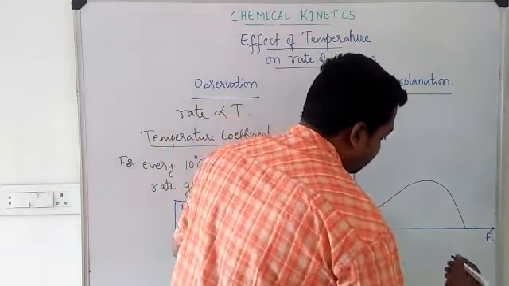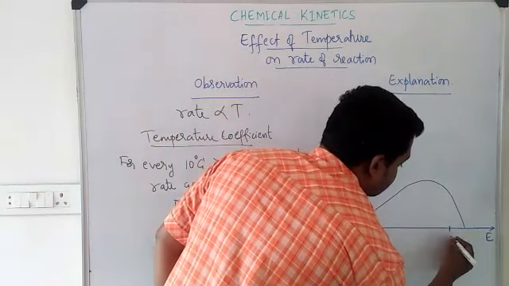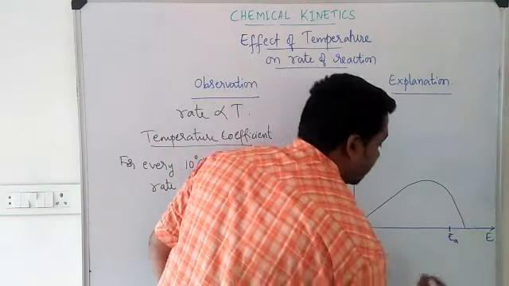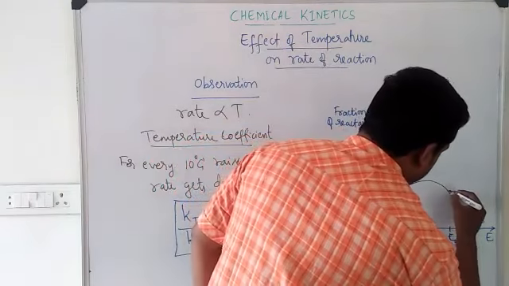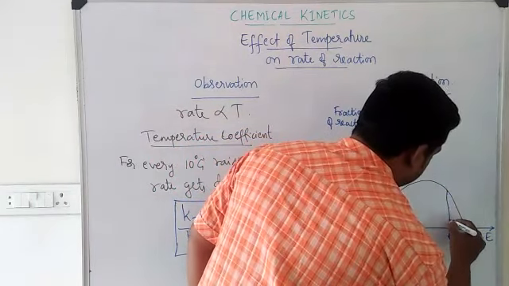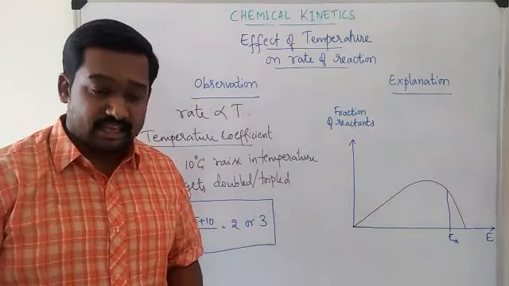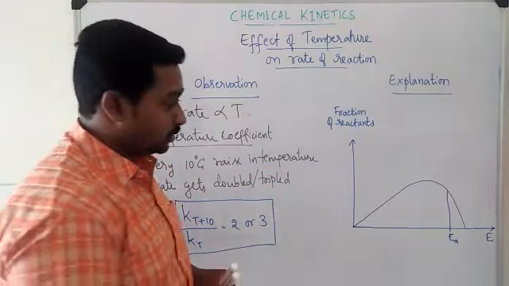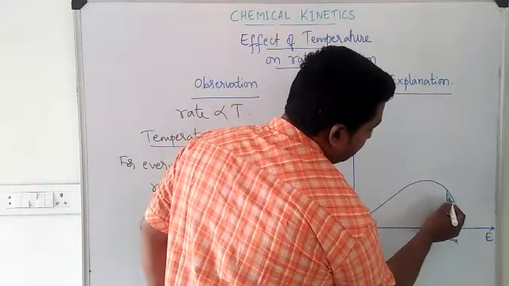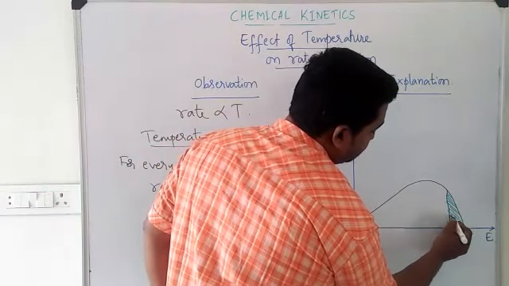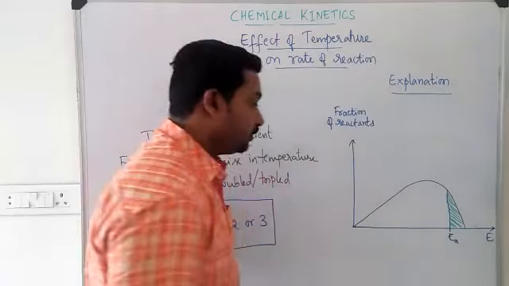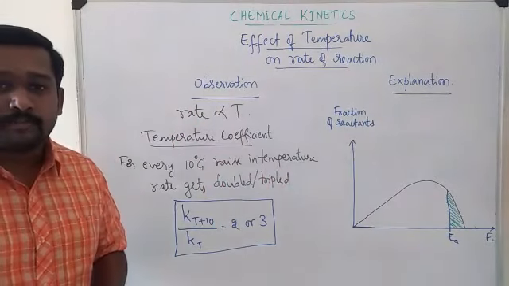Let's say there is an activation energy somewhere here, EA, and only those molecules which possess energy greater than this EA can become product. So the area under the curve in this graph represents the molecules which are becoming product.